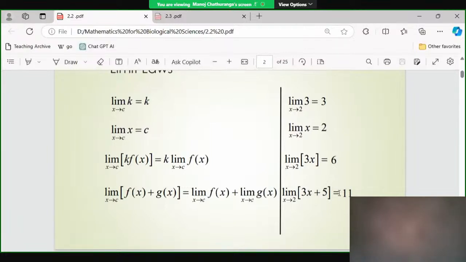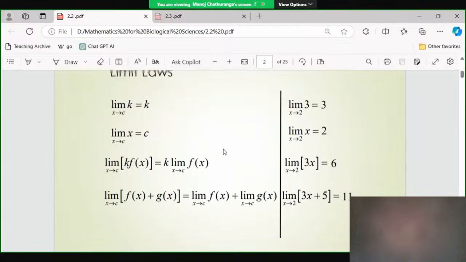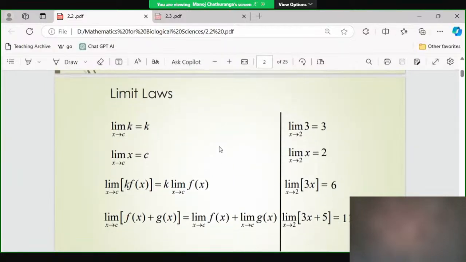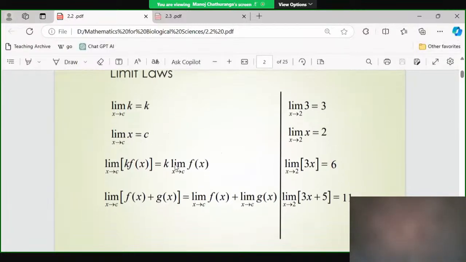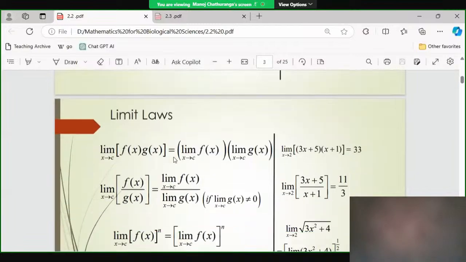So 6 plus 5 is 11. So we can use these limit laws to compute limits: the constant rule, the identity rule, scalar multiples, summations, and even products, quotients and powers.